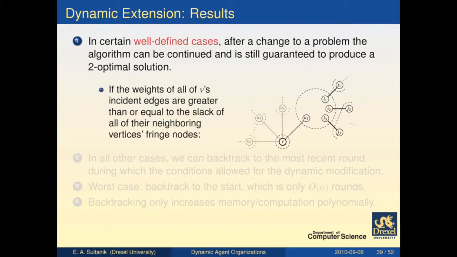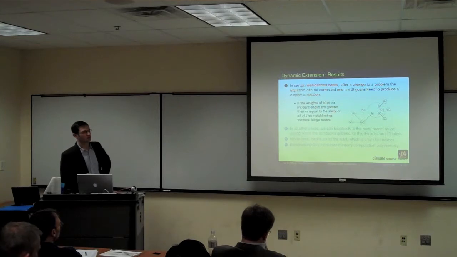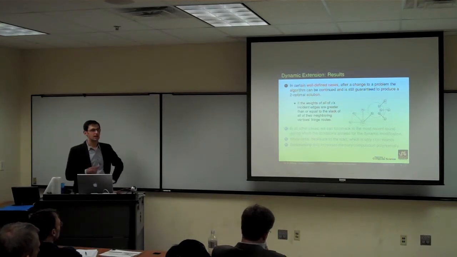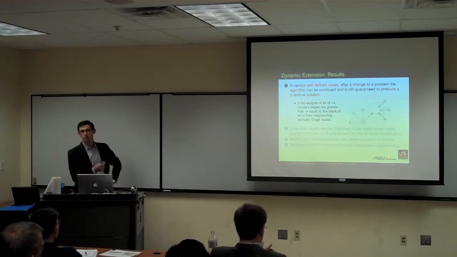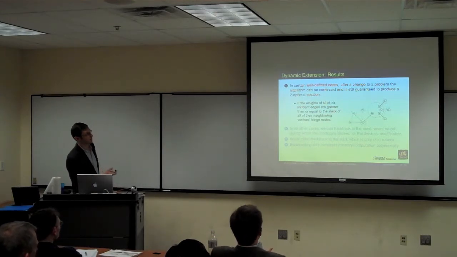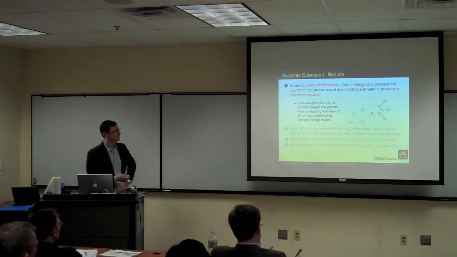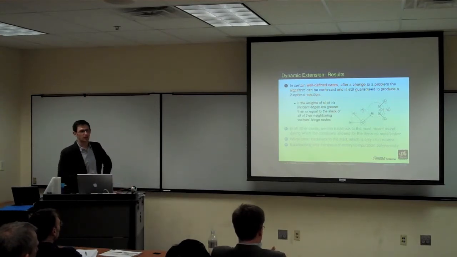Now, the specific case for that to happen is we need to know that all of the weights of the new vertex's incident edges are greater than or equal to the slack of all of their neighboring vertices' fringe nodes, which is a mouthful, but it's relatively easy to test for this property. We can do that in a constant number of messaging rounds.